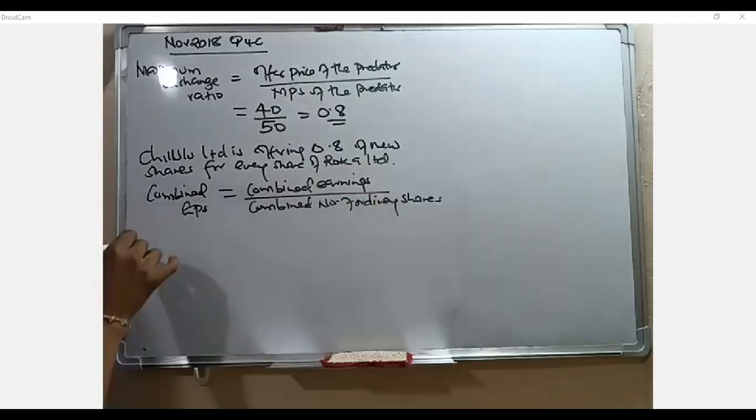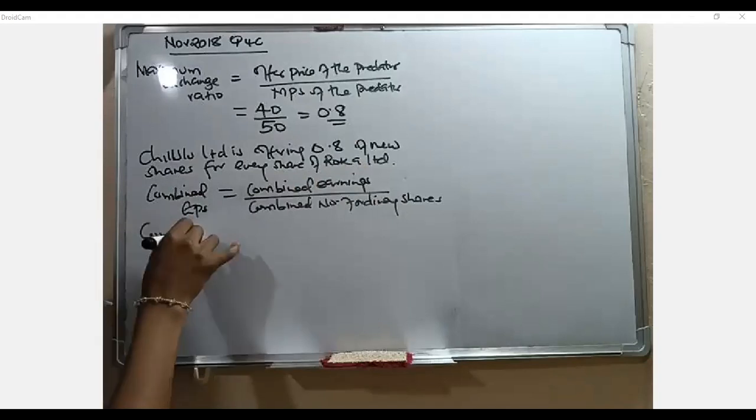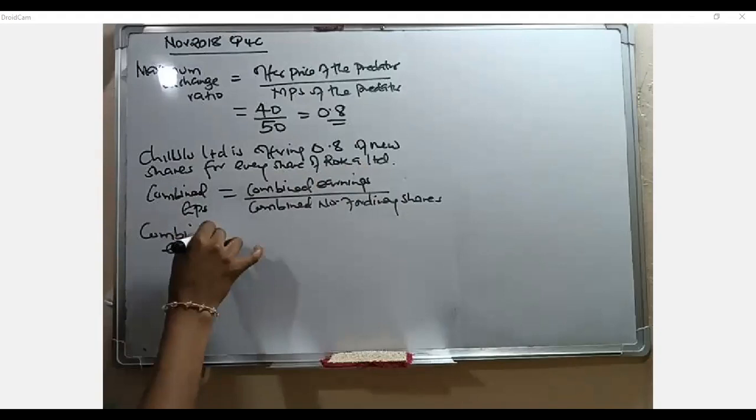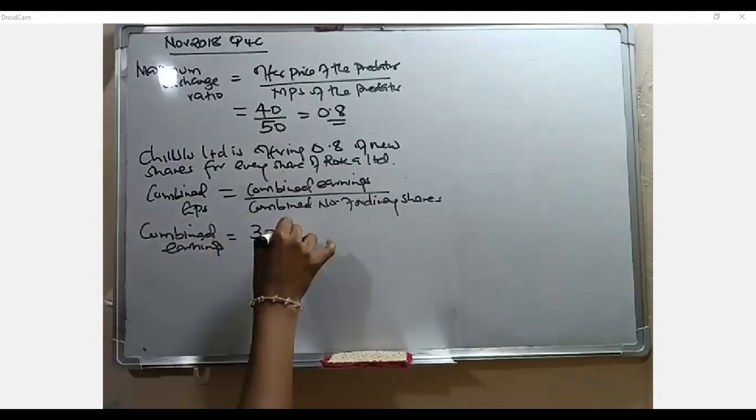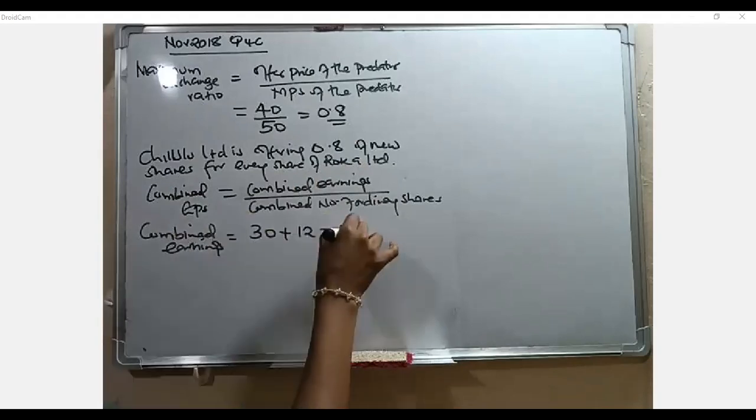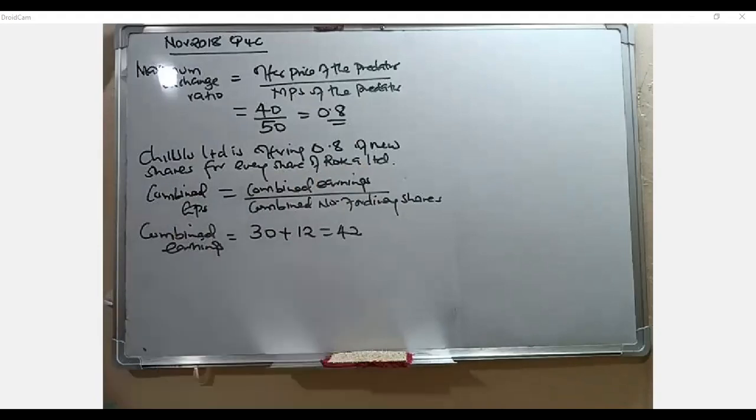Let us look at the combined earnings as per the question. We are given the net earnings for Chilulu, which is 30, and for Roca, which is 12. This translates to 42 million Kenya shillings.